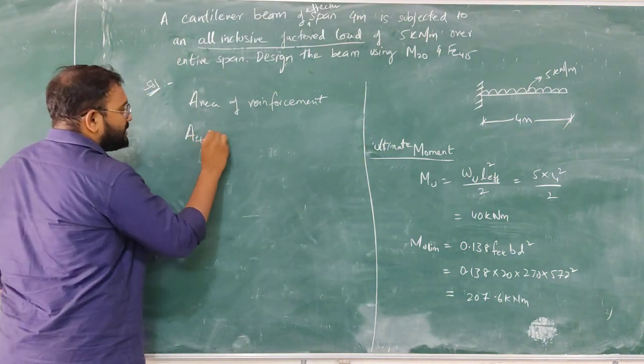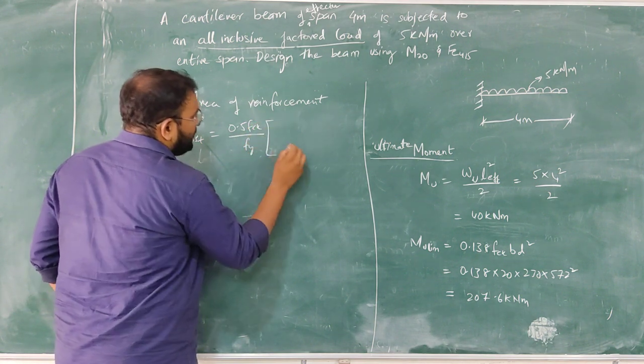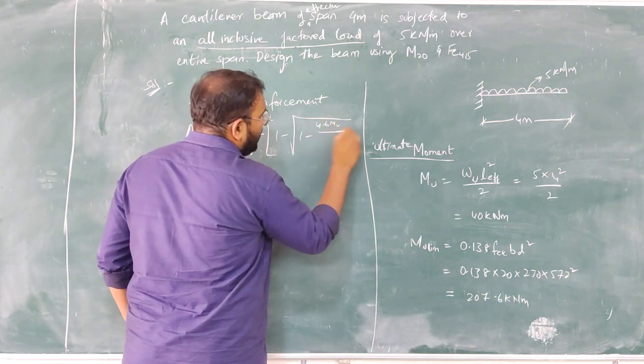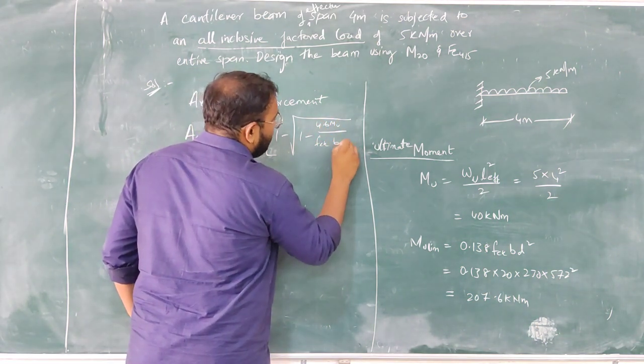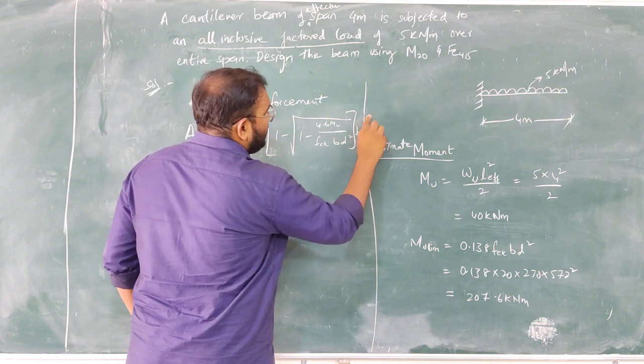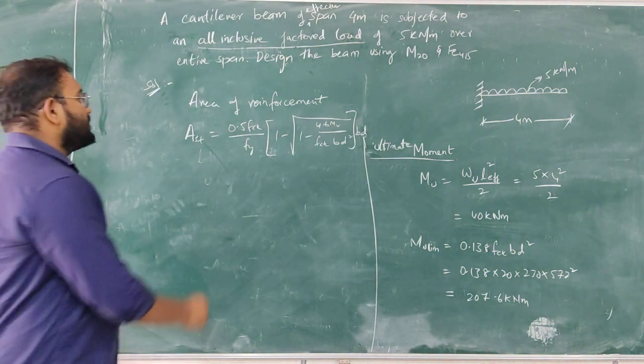Formula is Ast is equal to, either of the formula you can use, 0.5 fck by fy under root 1 minus 4.6 Mu by fck bd square into bd. I am using this formula because I feel this is more comfortable formula. Okay, so tell me what is the answer?